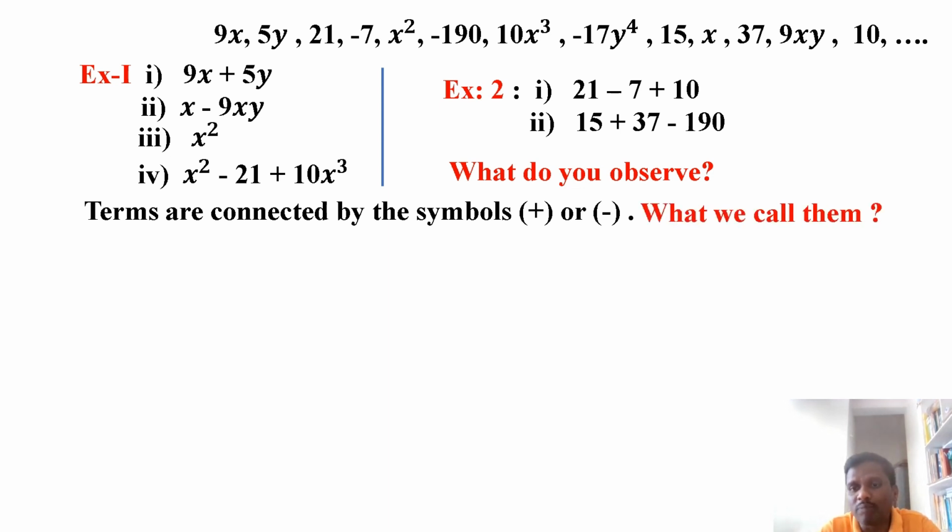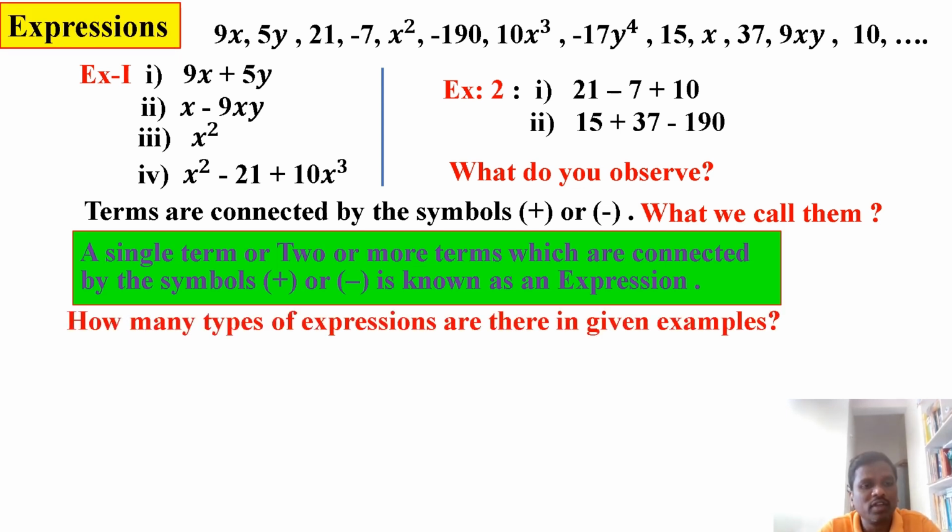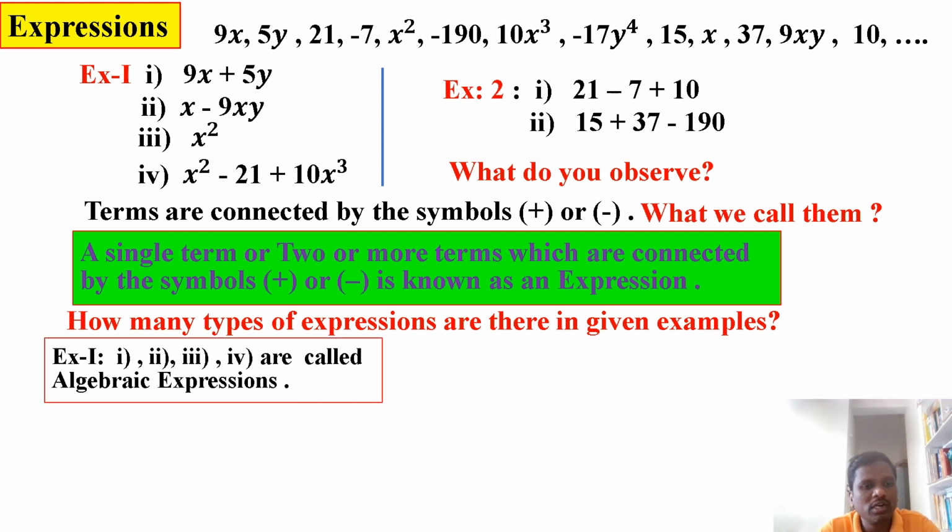So what do we call them? A single term, or two or more terms connected by the symbols plus or minus, is known as an expression. Now how many types of expressions are there in the given examples? In the first example, numbers 1, 2, 3, 4 are called algebraic expressions.